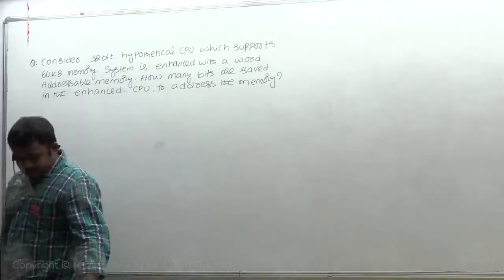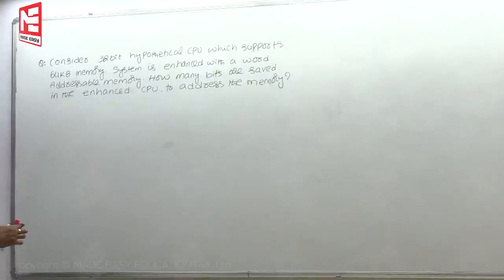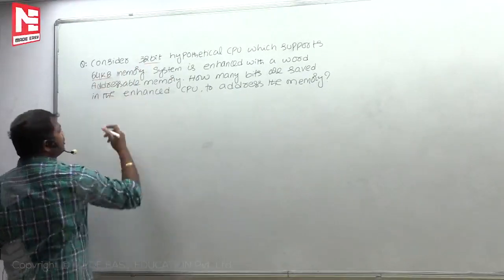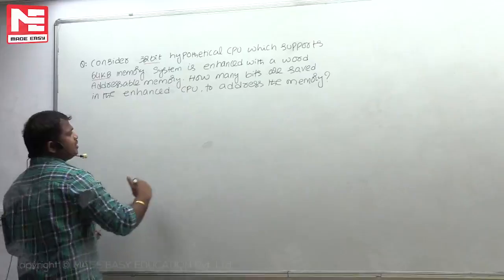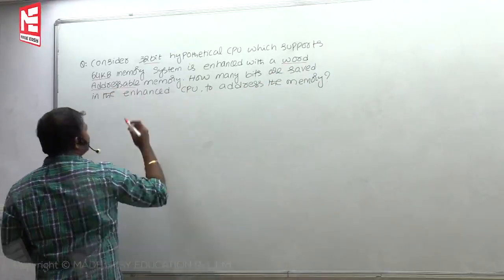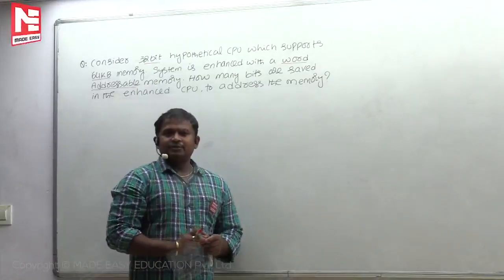Right, this is the question. Read the question once. Consider a 32-bit hypothetical CPU which supports 64 KB memory. This is 32-bit, 64 KB. The system is enhanced with a word addressable memory. Enhancement means modification, not replacement.